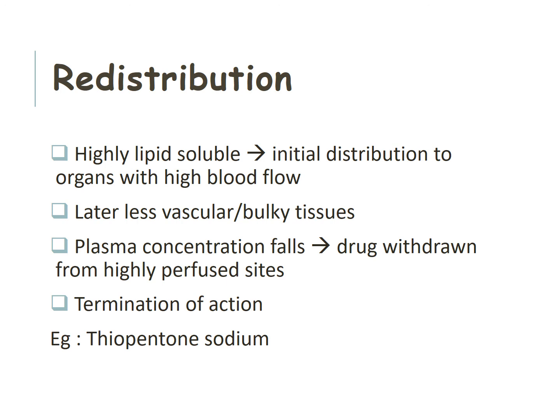Highly lipid soluble drugs will be distributed very fast. So if the substance has an affinity to some place which has high blood flow, the initial distribution of a large amount will be to that area.